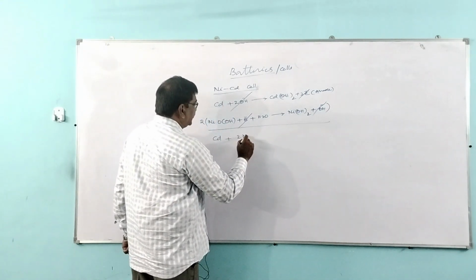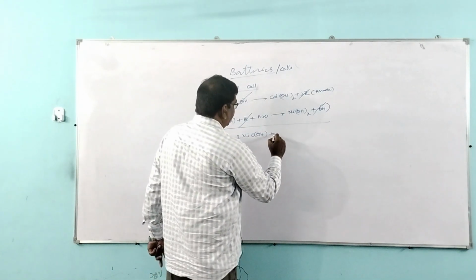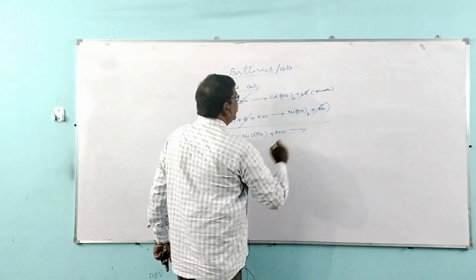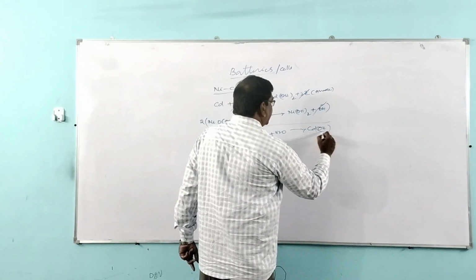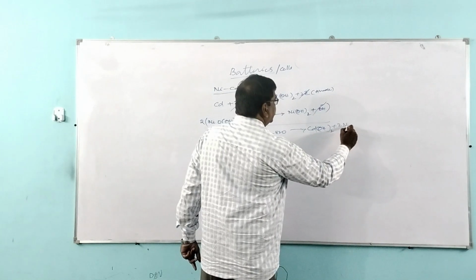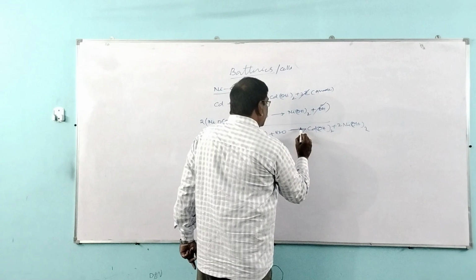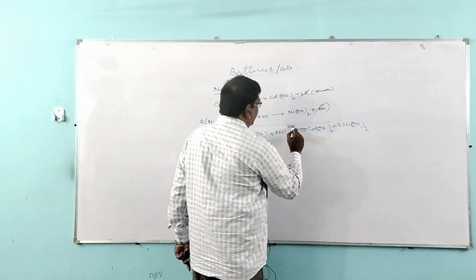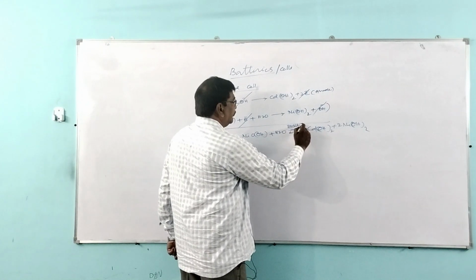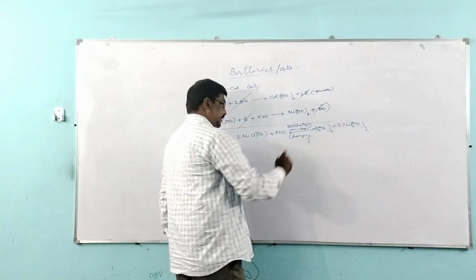Cd plus 2NiOOH plus 2H2O gives rise to Cd(OH)2 plus 2Ni(OH)2. This reaction takes place while discharging, and the backward reaction is charging.